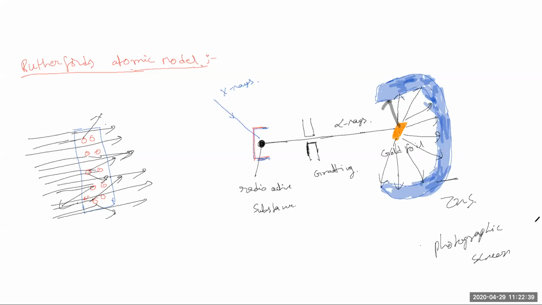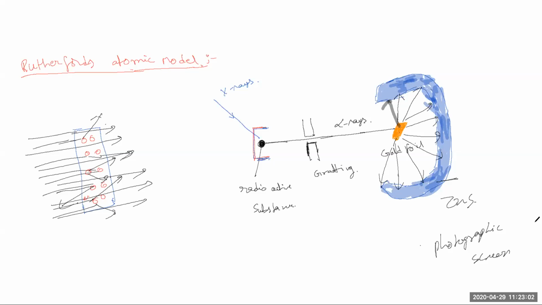From these observations, what did Rutherford conclude? More particles pass through the gold foil, which means that in the atom the maximum space is empty.